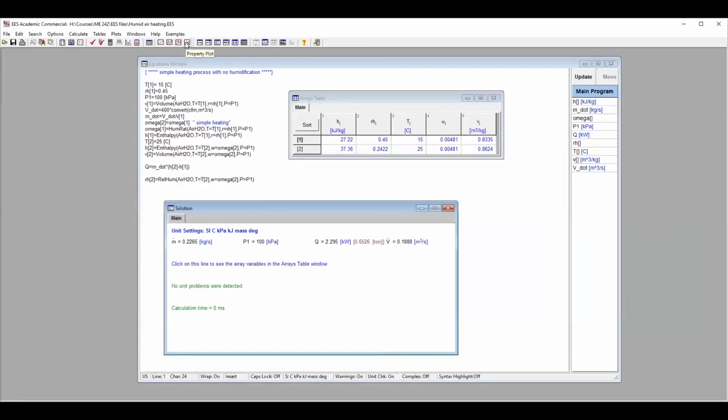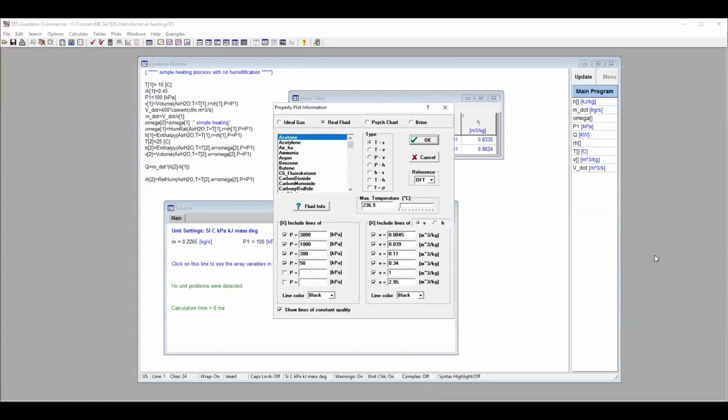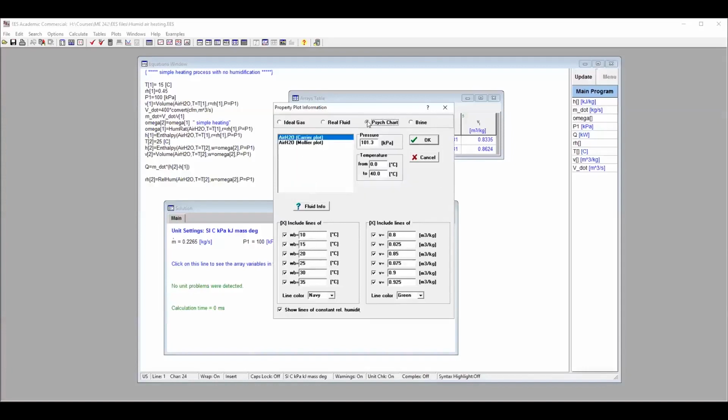So this icon or the menu, property plot, click on it. You get this window. All right. So up here you have these options: ideal gas, real fluid, psychrometric chart, or brine. Click on psychrometric chart.